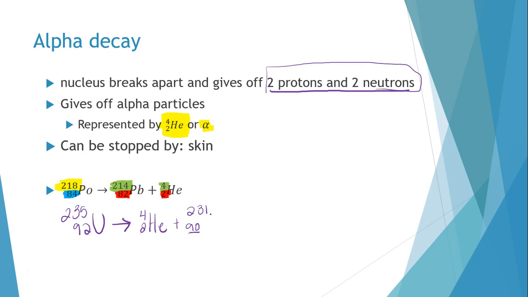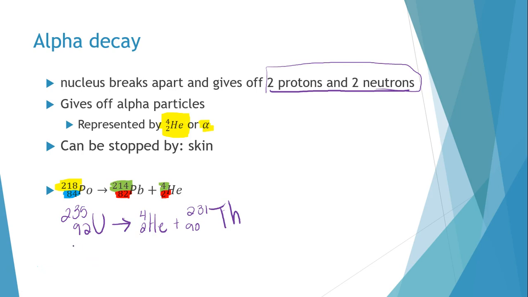I'm not prepared. Element number 90 is TH, thorium. So I write TH right there because that is the symbol of the element that's going to go there. And again, let me get rid of this line because somebody will copy it thinking that it has to be written there, and it does not. Okay, so you should know the symbol for an alpha particle and be able to fill this in.